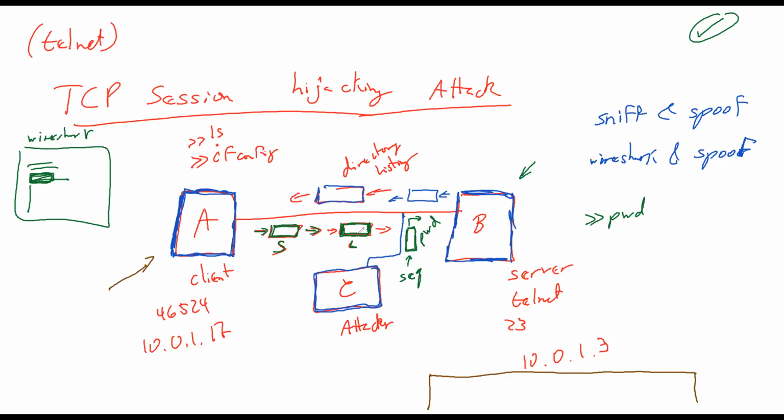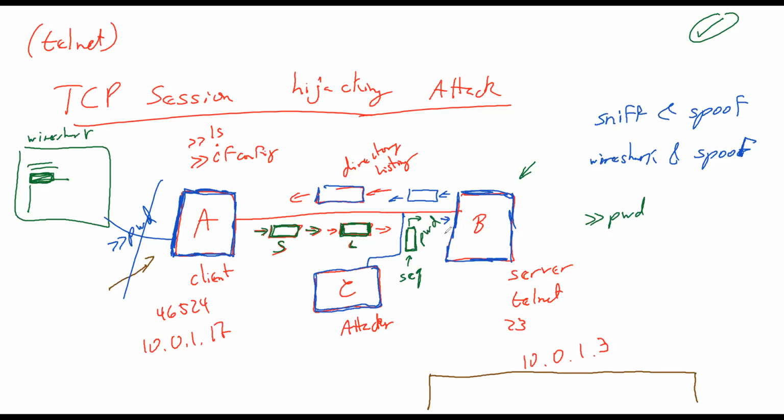So think about what just happened, and this is important because this is why session hijacking is called that. You, as the client, never typed PWD, like never, right? So you never did this. The attacker, on the other hand, spoofed the packets and inserted PWD into the server.